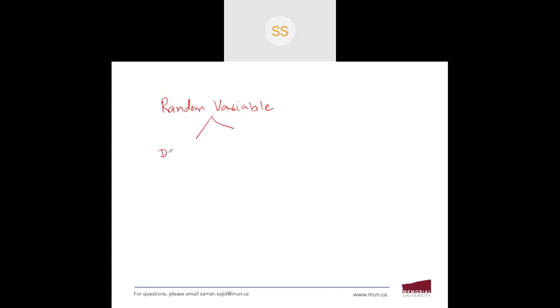One was the discrete random variable, and the other classification was the continuous random variable. Now, we also studied some of the properties. How do we find the mean? How do we find the standard deviations in general, and for the discrete random variable particularly.